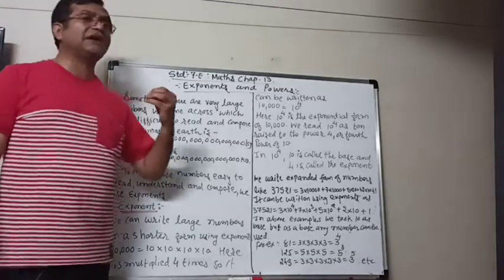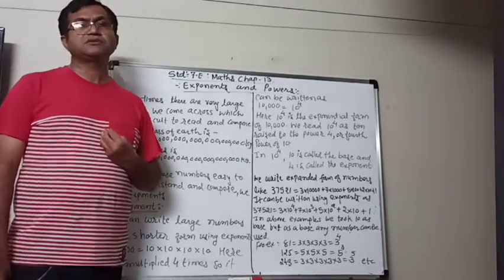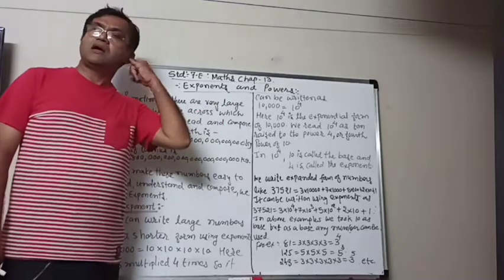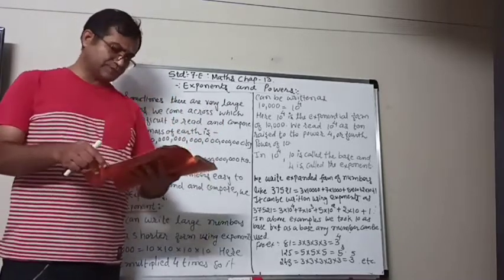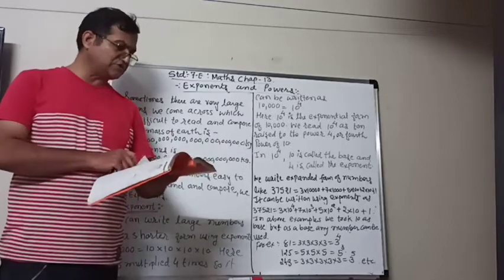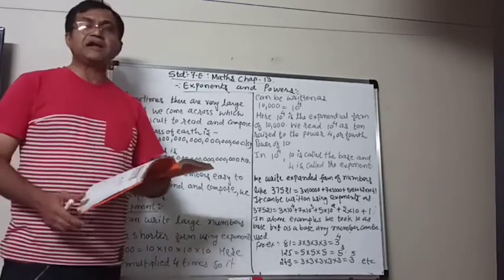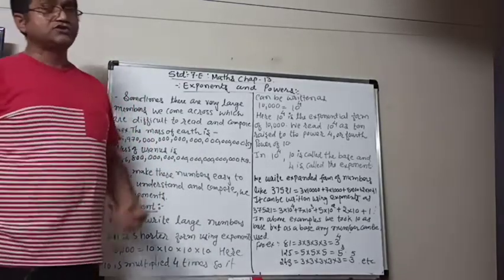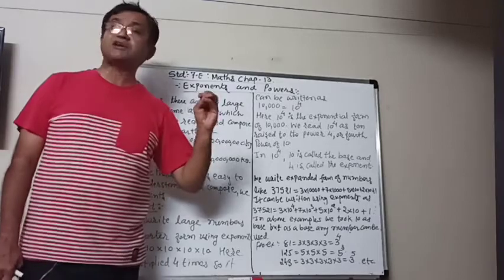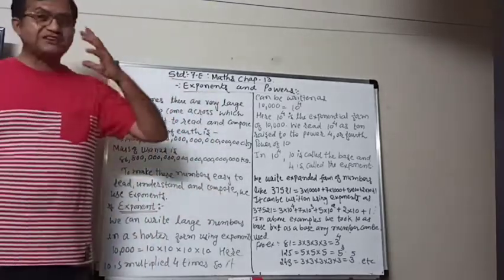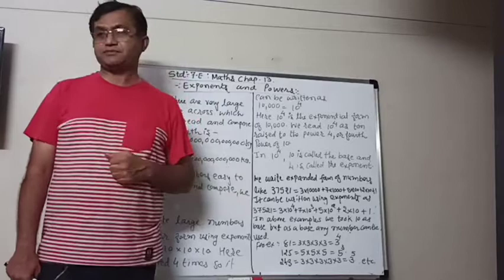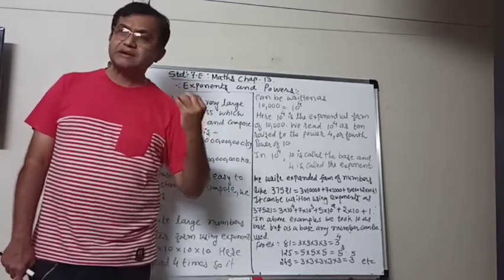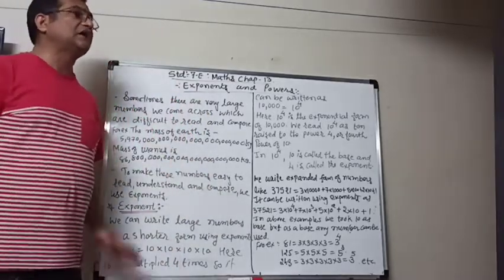So we are going to learn about exponents, how to use them, and then there will be some rules to understand so that our calculations are done easily. So an exponent is the shorter way to express big numbers such that it is easy to read and compare with other big numbers.